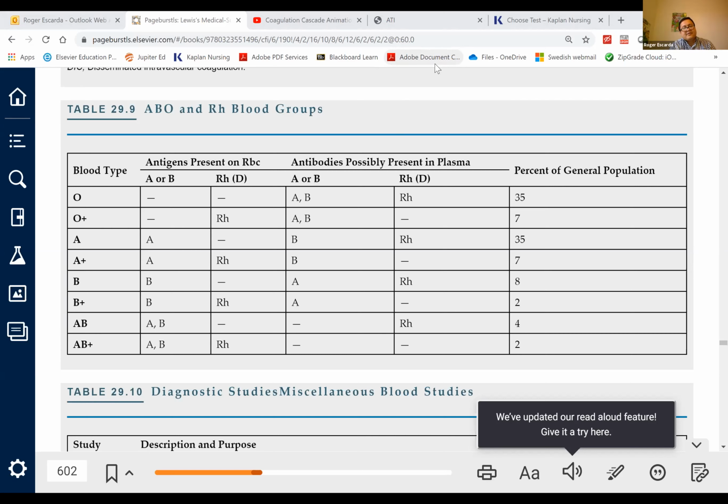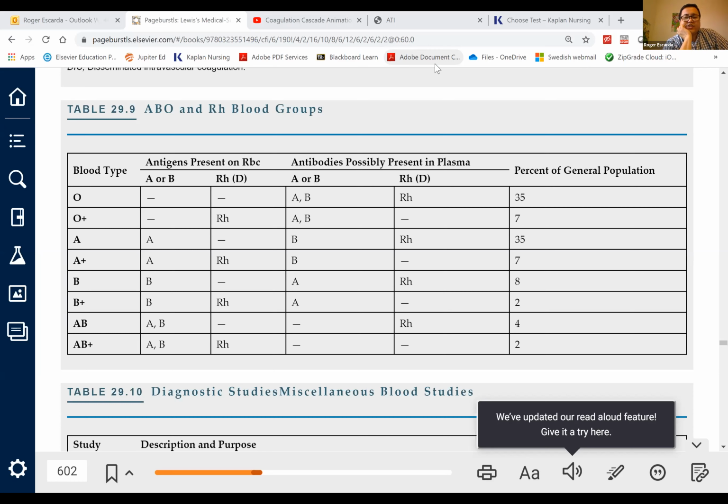So if I have RH positive blood, I can receive either positive or negative. So I can safely receive negative because I have nothing to react to. It's really the RH negative persons that are in danger. Is that clear? Okay. Something I want to clarify on RH negative.